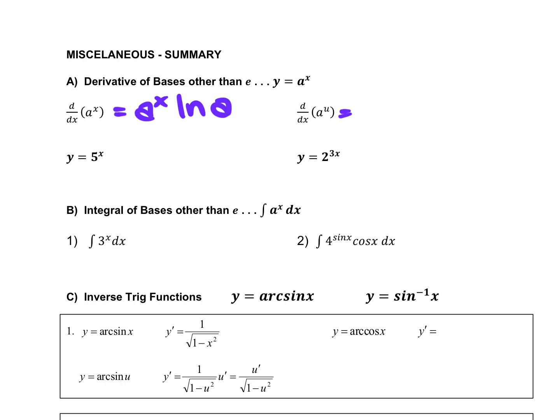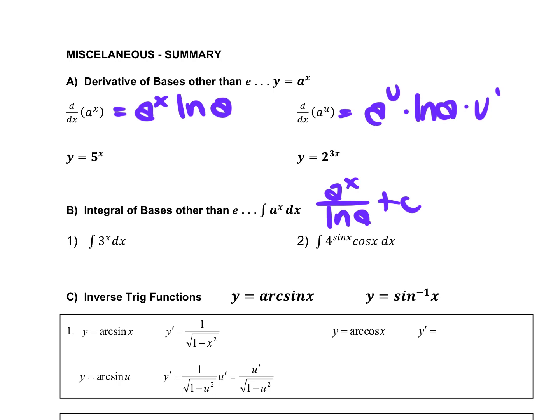So the derivative of a to the u would be itself times ln of a times the derivative of u, or u prime. If we were integrating things other than base e, this is where we used the a to the x over ln of a plus c formula.